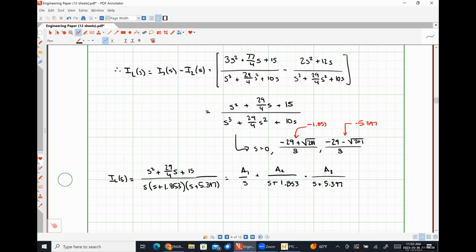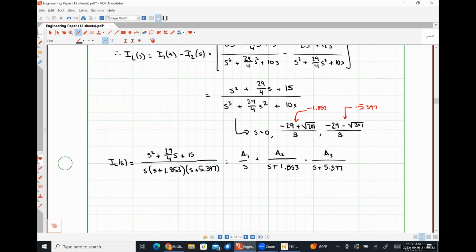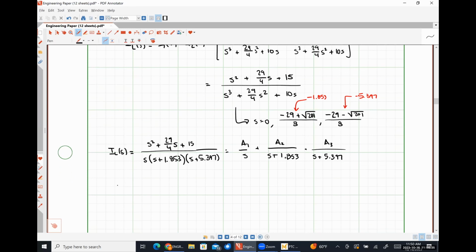Because we're running lowish on time, I'm just going to give you the values of A1, A2, and A3, because at this point you should all know how to calculate them. So I have found A1 to be equal to 3/2. A2 was negative 0.761. And A3 came out to be positive 0.261.